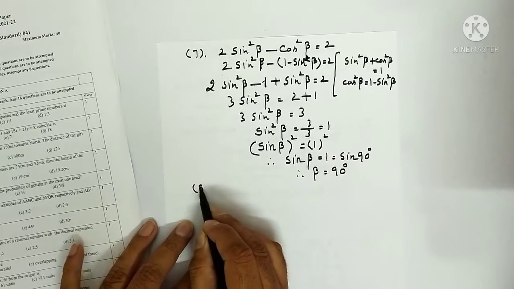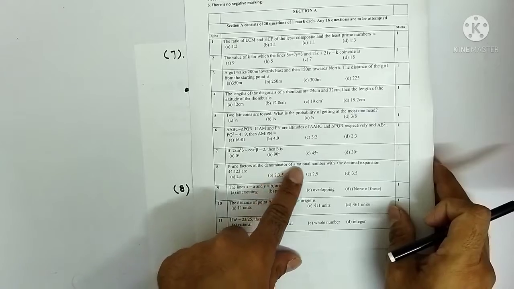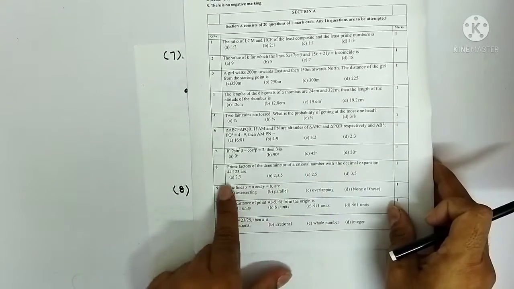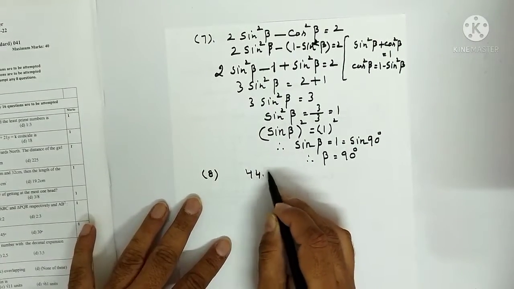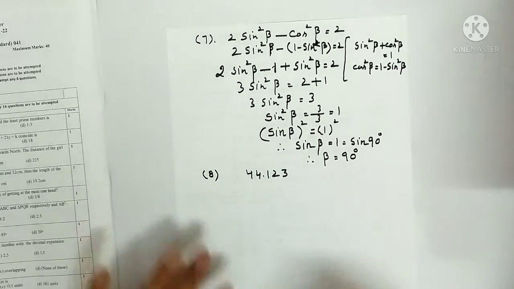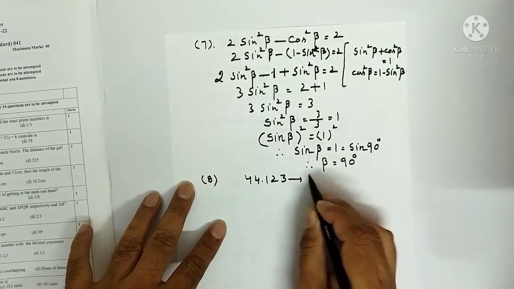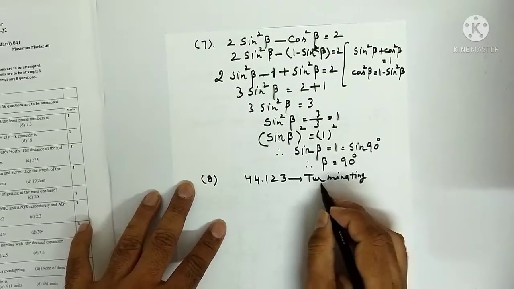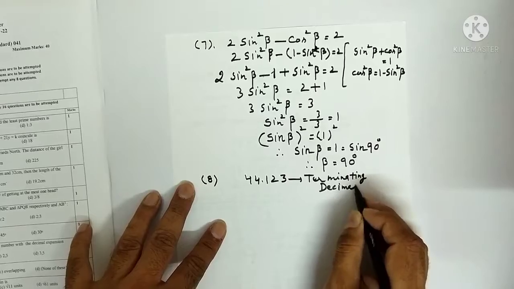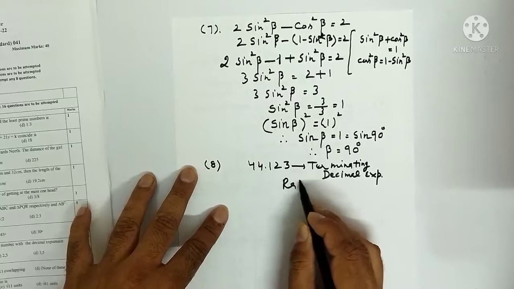Question number 8 we will discuss now. Prime factors of the denominator of rational number with decimal expansion, these are. Now 44.123. This number is terminating. It has terminating decimal expansion. And any number which has terminating decimal expansion, what are those called?